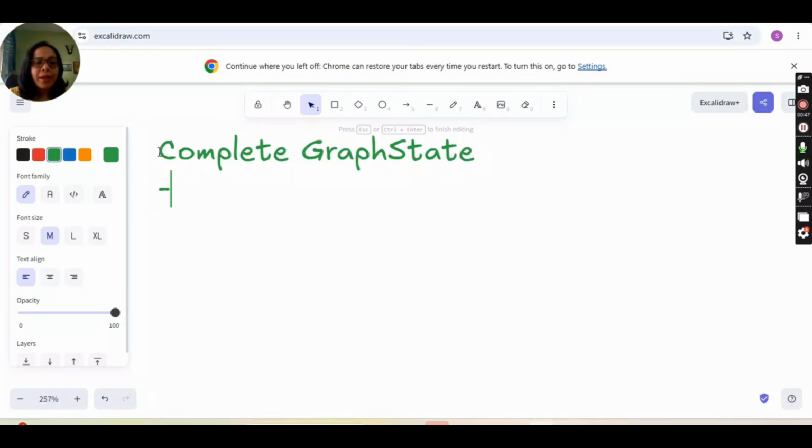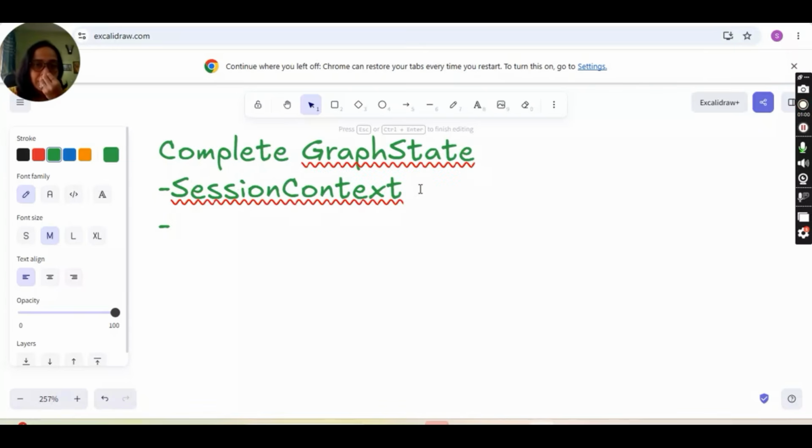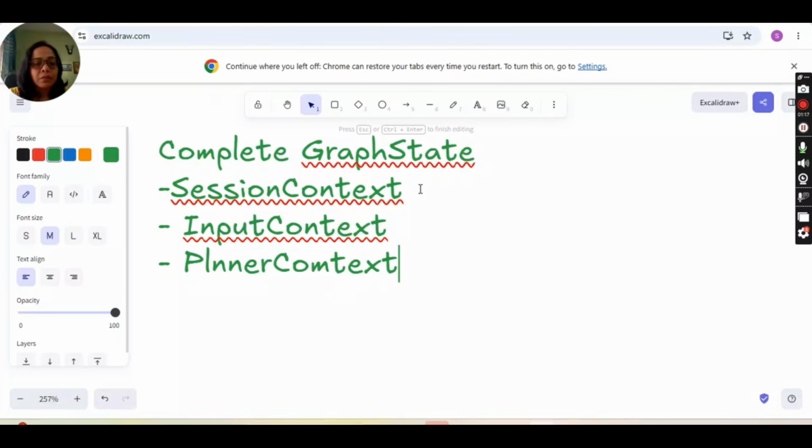So what I will add here, the first one is session context. You just remember that this should be the naming convention. The first letters should be capital. So here, session context, then input context, then the next one is planner. So whether any semantic generation is required or not.